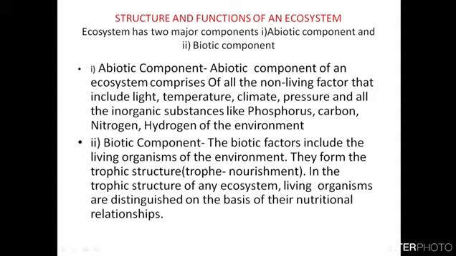Now let us see the definition of the abiotic component. The abiotic component of an ecosystem comprises all the non-living factors that include light, temperature, climate, pressure, and all the inorganic substances like phosphorus, carbon, nitrogen, hydrogen of the environment, etc. When we take the biotic components, we are talking about the living organisms of the environment, which can be plants and animals.